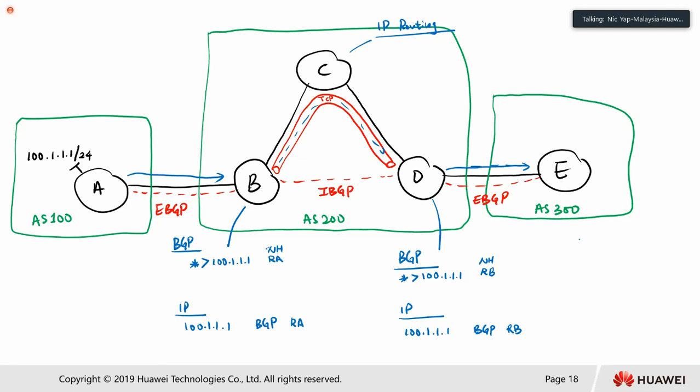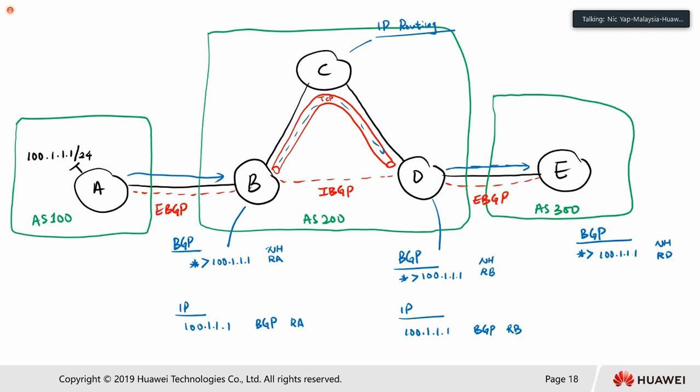D sends to E, E receives it as BGP, next hop is router D. That's how they forward all the information hop by hop.